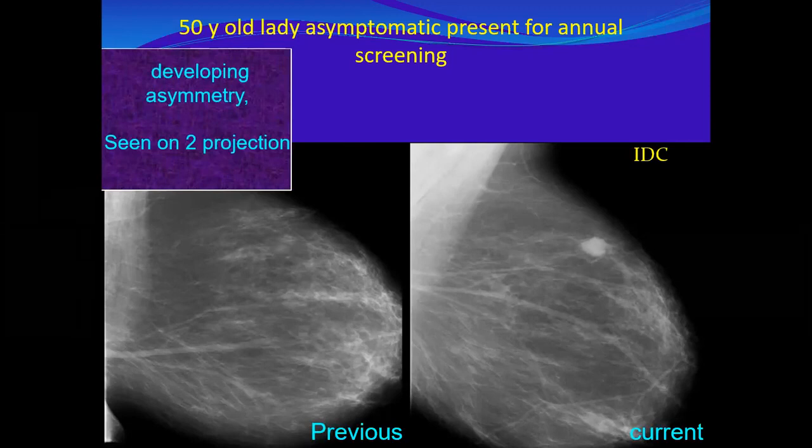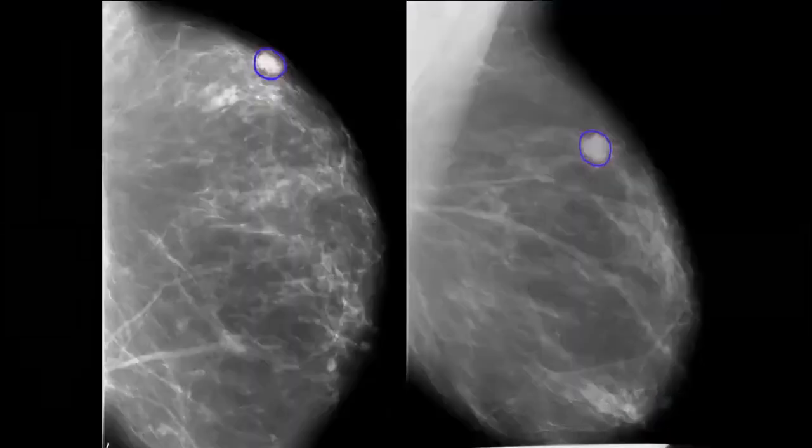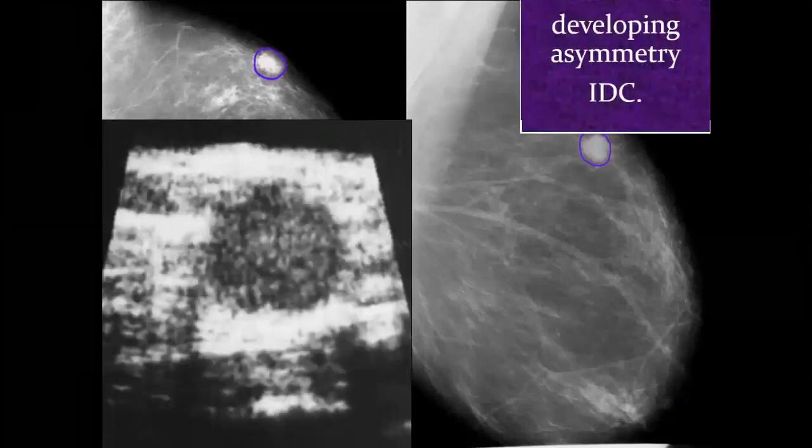That is the mass you see in two projections, and this is on ultrasound. It was an invasive cancer, an irregular, rounded, indistinct mass.